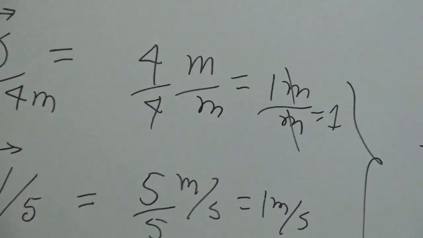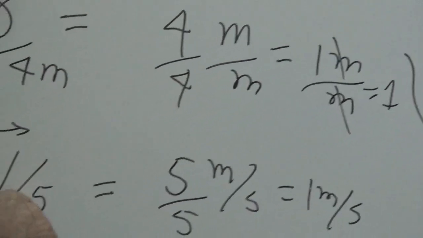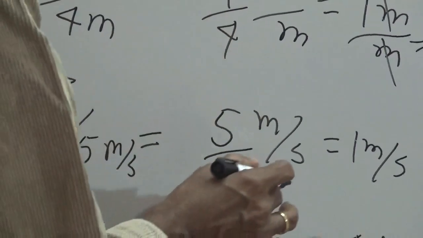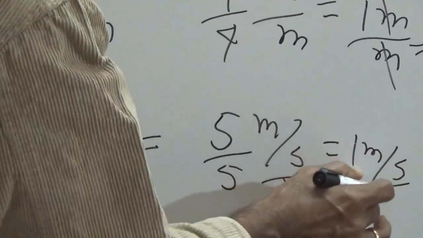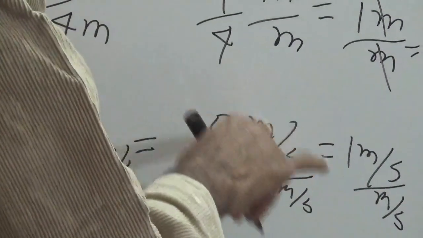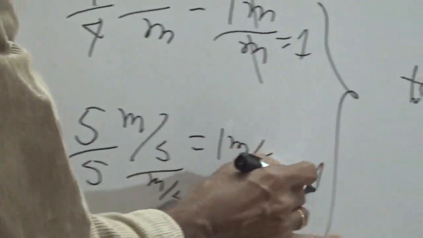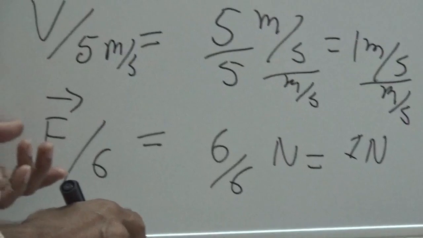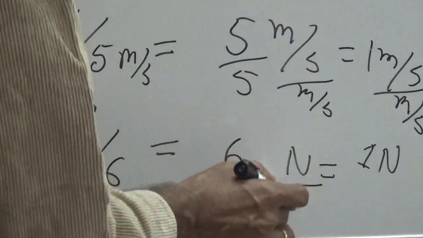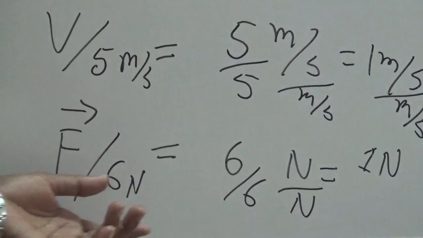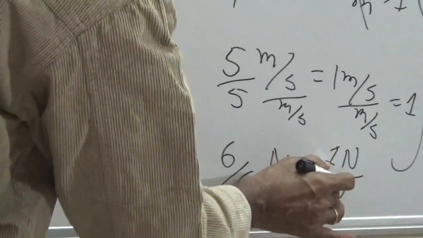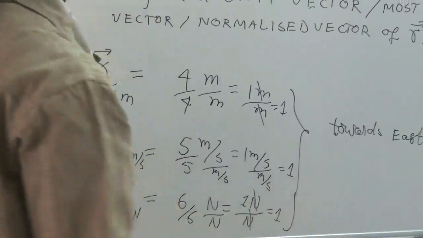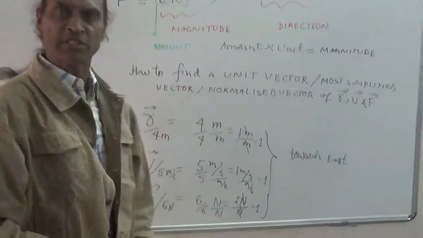When you divide the velocity vector by its unit, meter per second, meter per second will be cancelled in both numerator and denominator, and we are getting 1 towards east. Similarly, when you divide the force vector by its unit, the Newton, Newton will get cancelled, and we are getting 1. Very interestingly, we are getting 1. It cannot be simplified further.